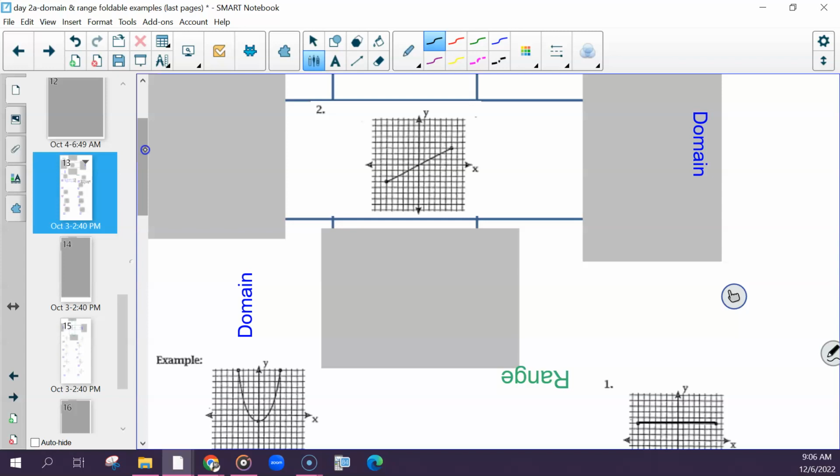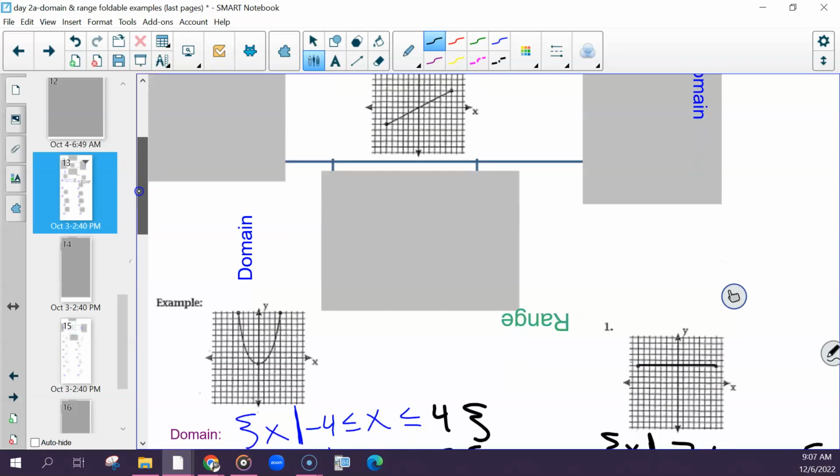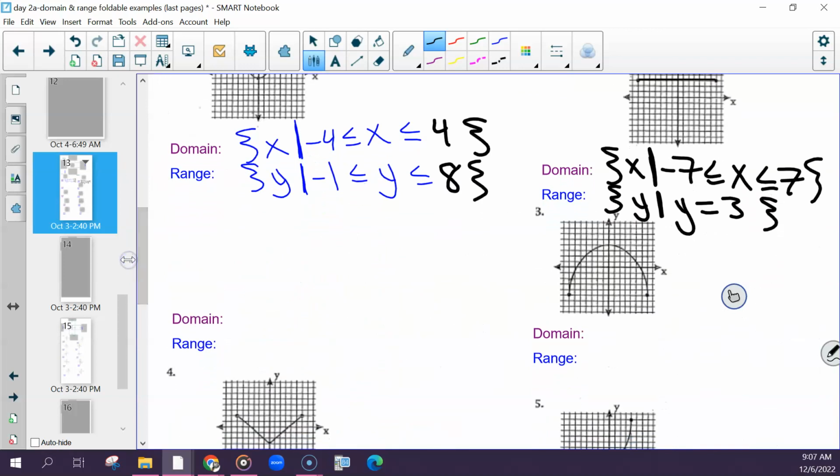What is the furthest point to the left for your domain? So either using the foldable or just counting. -6. Is that what you said, Virginia? Okay. -6. So if you haven't already, make sure you write domain and range somewhere on your pink sheet.